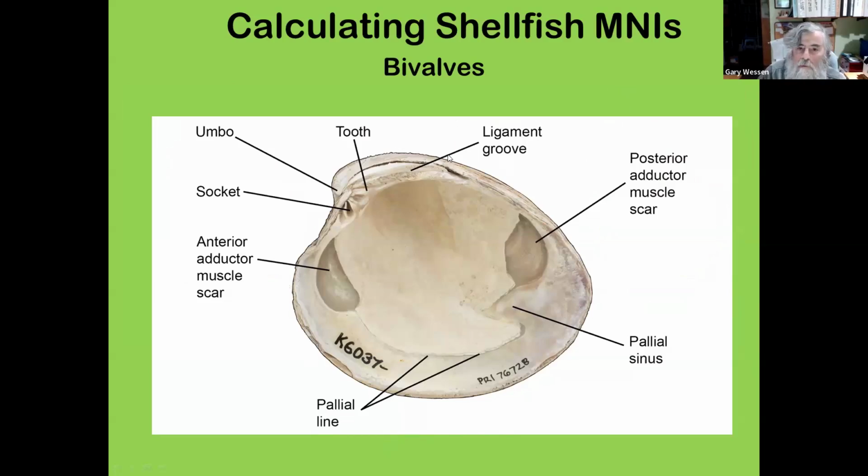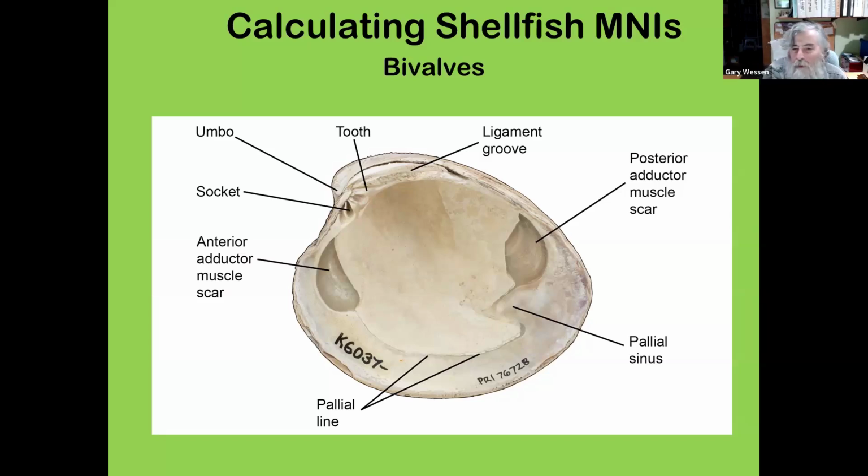So now we know dorsal, ventral, anterior, posterior. And classically, when they train people, they say, okay, you pick up the valve that you want to know whether it's a right or a left. And you hold it in front of you with the dorsal side up and the anterior side facing away from you, looking in the same direction that you're looking.